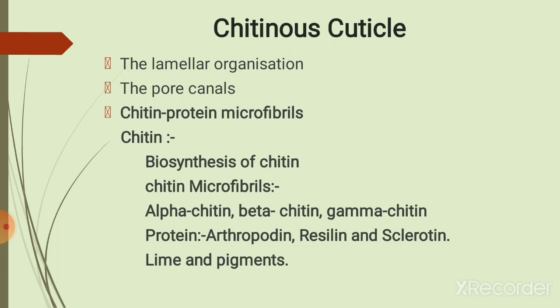Then the 2 points, that is lime and the pigments. Lime: in some aquatic insects, lime or calcium carbonate is deposited and may form a major constituent of the exocuticle, particularly in dipteran larvae or puparia. Then the last is pigments.